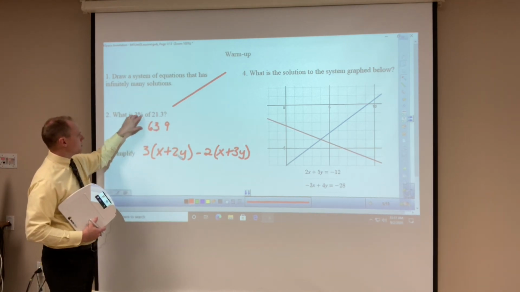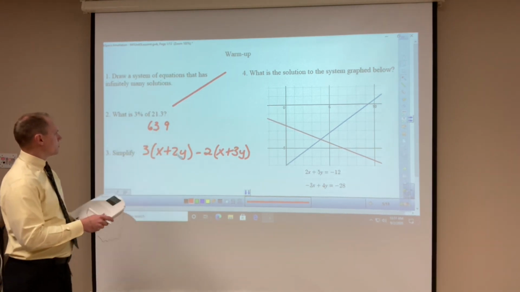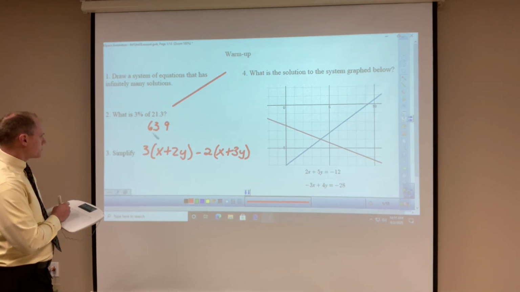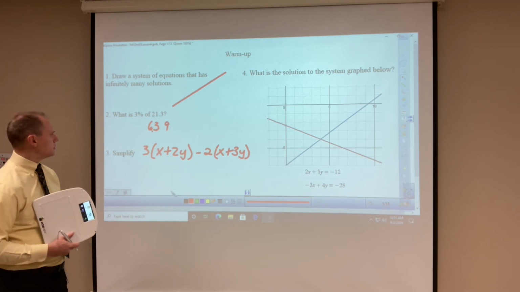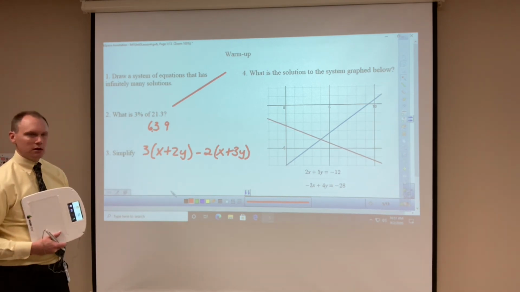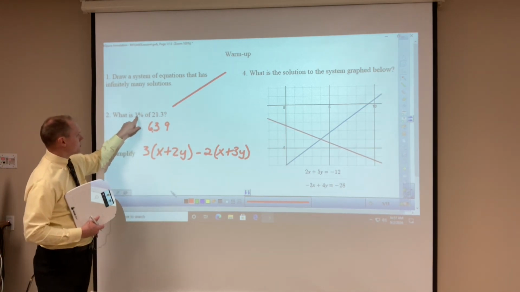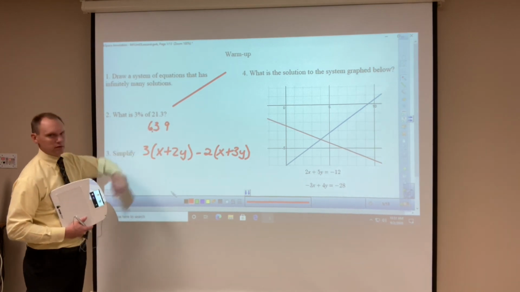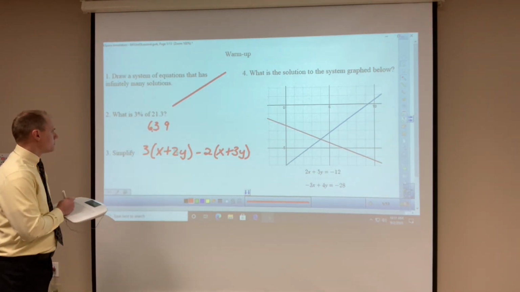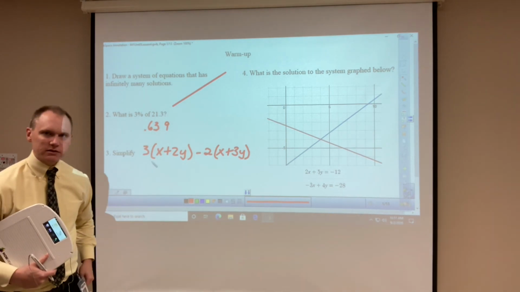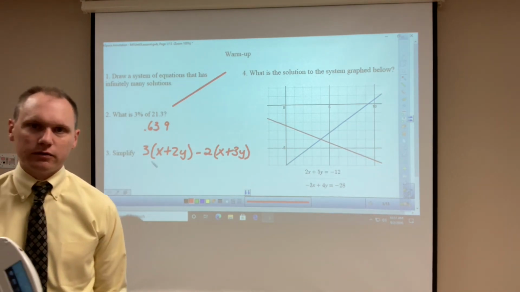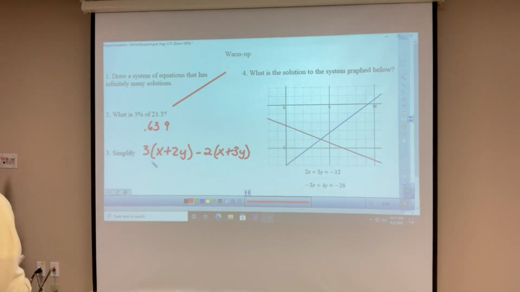We need a really small amount of 21.3. So how about 6.39? Still too much, right? That's going to be a third, 30% of 21.3. And so let's go one more time. 0.639. That's going to be 3% of our number there, 21.3.